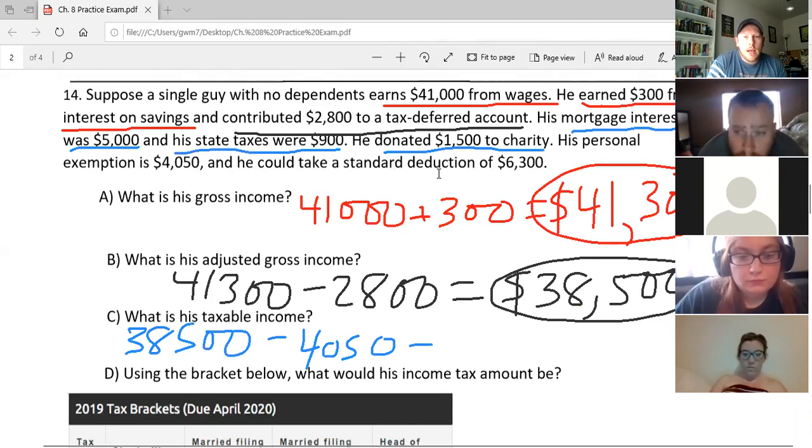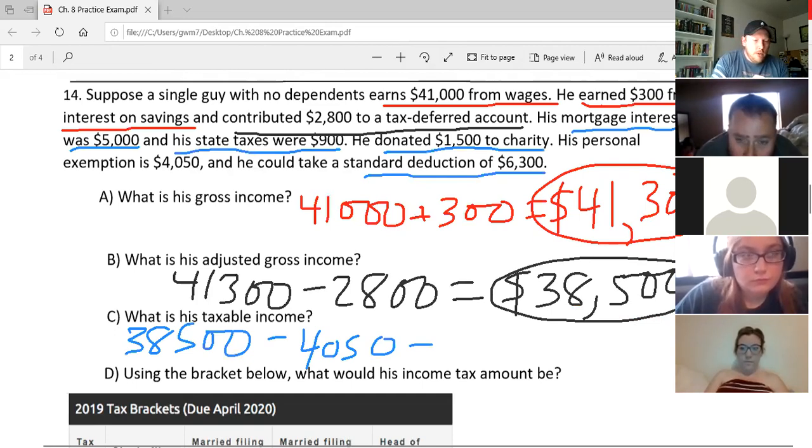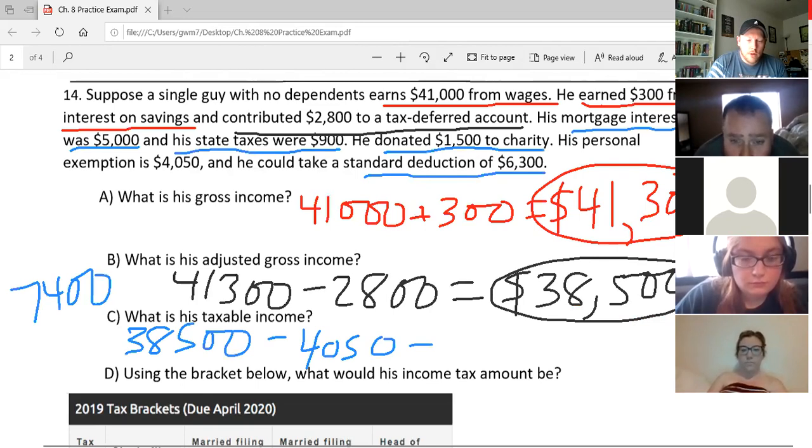So you can either take the standard deduction, the 6,300, or you can add up all of the deductions that he could claim and see if that's more money. When we add up the 5,000, the 900, and the 1,500, that totals 7,400 for the itemized, which is more than the standard. So we're not going to do the standard. We're going to subtract the one that's bigger.